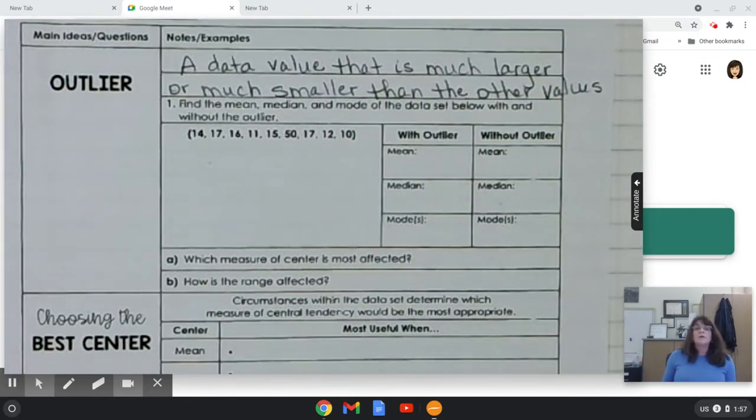Okay. So one of the things you'll hear me use in class is the outlier is the weirdo. What are we going to do with the weirdo?